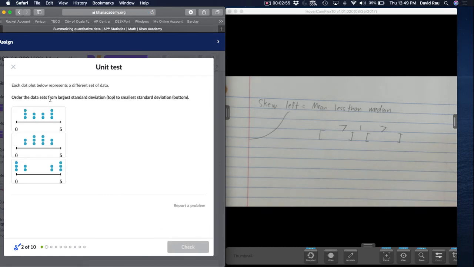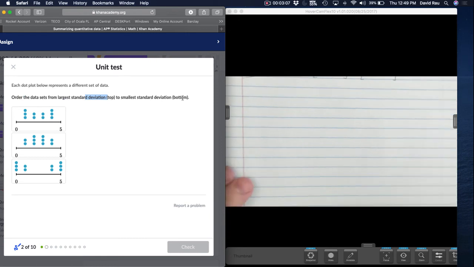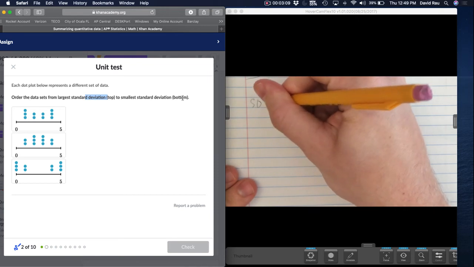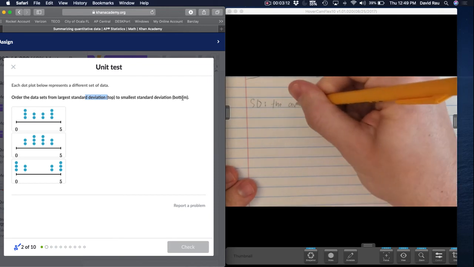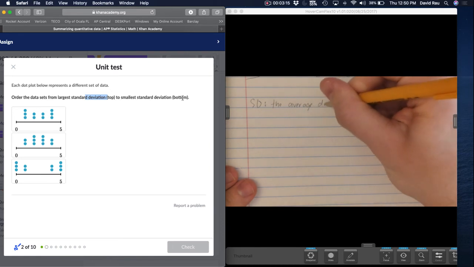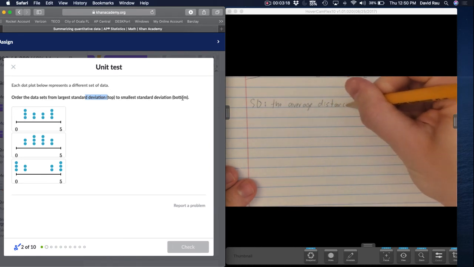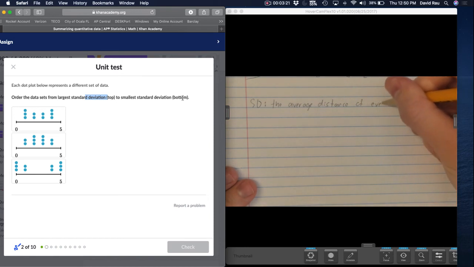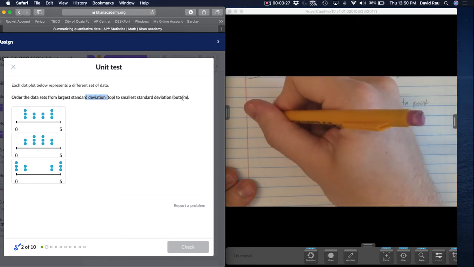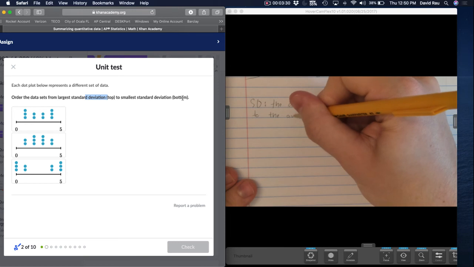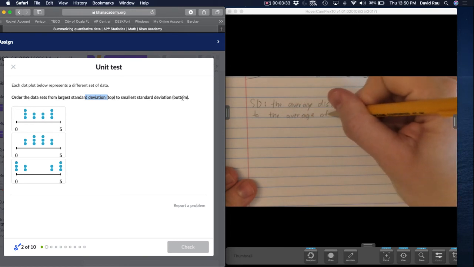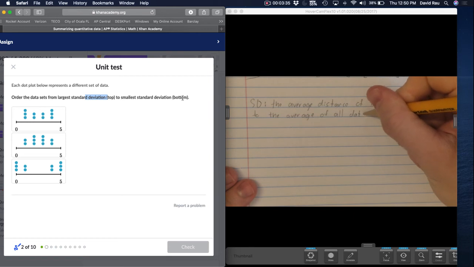All right, up next, we have to order our sets from largest standard deviation to smallest standard deviation. Largest needs to go on top, smallest needs to go on bottom. The rough definition of standard deviation is the average distance of every data point to the average of all data points.